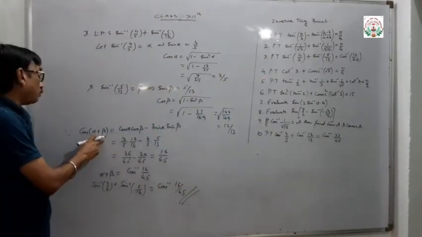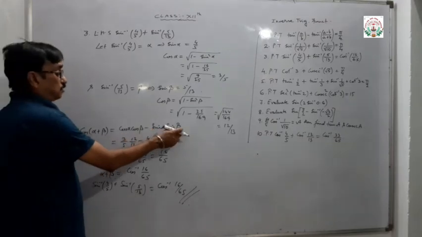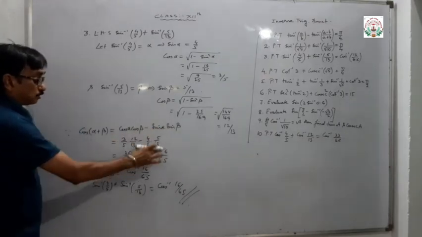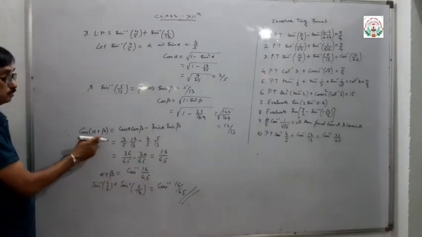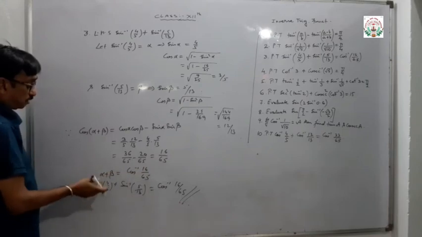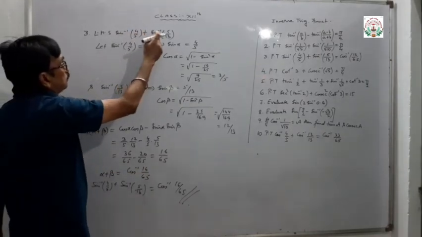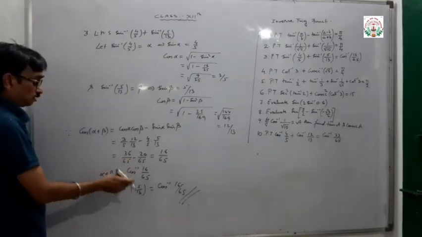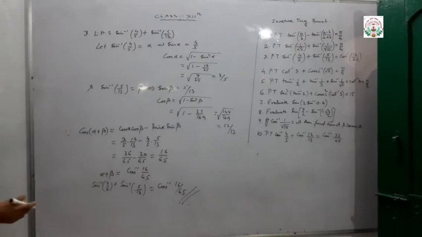Our 11th class formula: cos alpha plus beta equals cos alpha cos beta minus sin alpha sin beta. After substituting the values, we got 16 by 65. So alpha plus beta equals cos inverse of 16 by 65. At last, alpha and beta are replaced respectively with sin inverse of 4 by 5 plus sin inverse of 5 by 13. That is our proof.